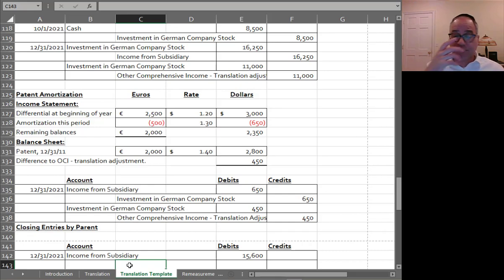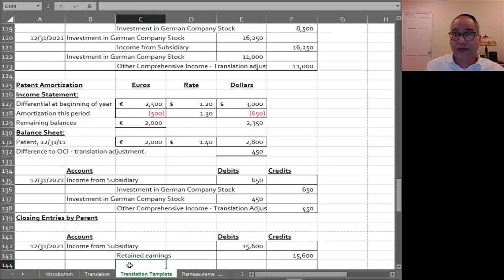That's the reverse of income from subsidiary. If you're like, why would you debit income from subsidiary in closing entries? Then you've got to go back to your intermediate accounting book and look up closing entries and go back over that, because it's extremely important. That's something you don't want to forget. If you're going to forget something, forget something that's not very important. But don't forget closing entries, because closing entries is extremely important.